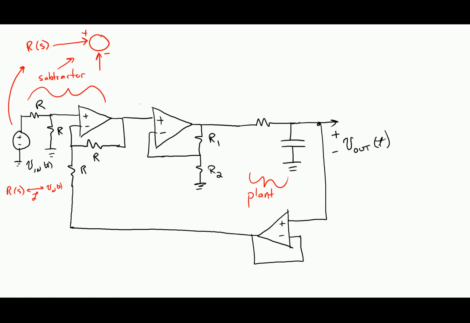Now, this block has a transfer function that you've seen before. From input to output, it has a gain that, if you solve for it, is R1 plus R2 over R2. Sometimes we write it like that. In this case, I'm going to model that as Kp.